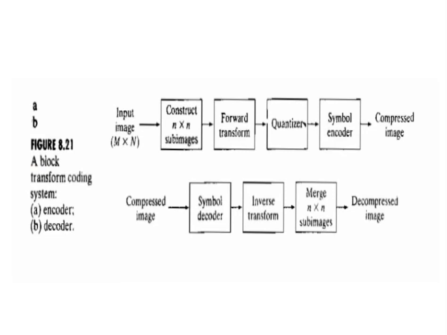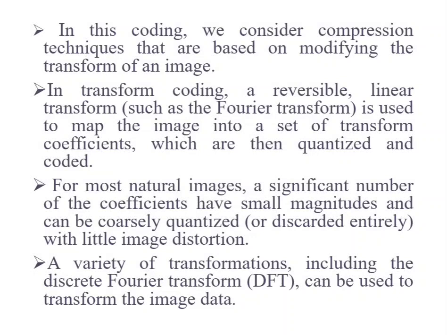Given T(u,v), g(x,y) similarly can be obtained using the generalized inverse discrete transform: g(x,y) equals the summation of u equals 0 to n minus 1, summation of v equals 0 to n minus 1, T(u,v) s(x,y,u,v), for x, y equals 0, 1, 2, up to n minus 1. In this equation, r(x,y,u,v) and s(x,y,u,v) are called the forward and inverse transformation kernels respectively.